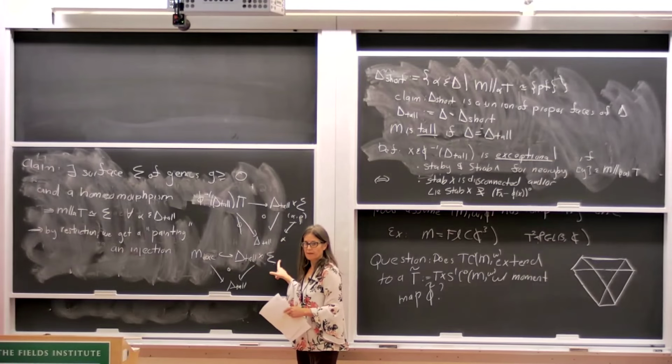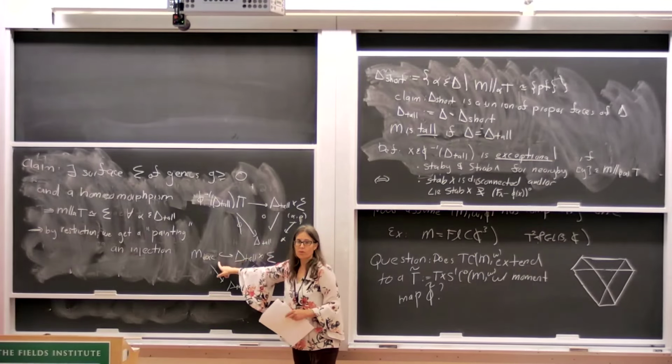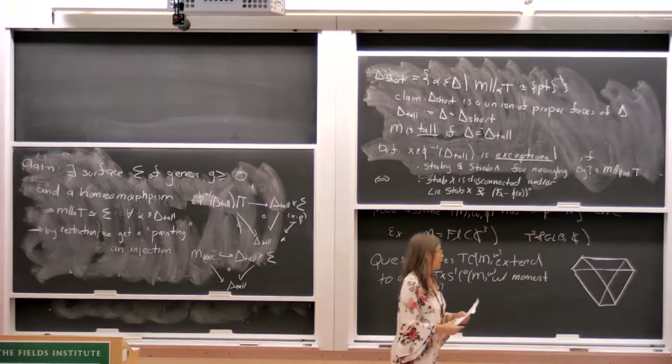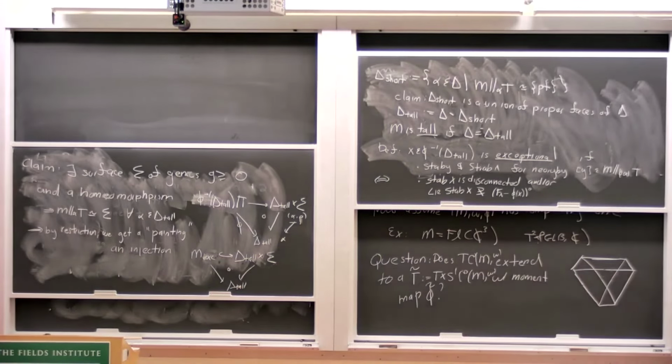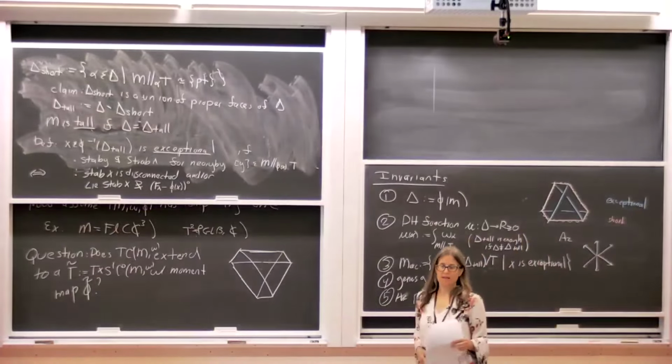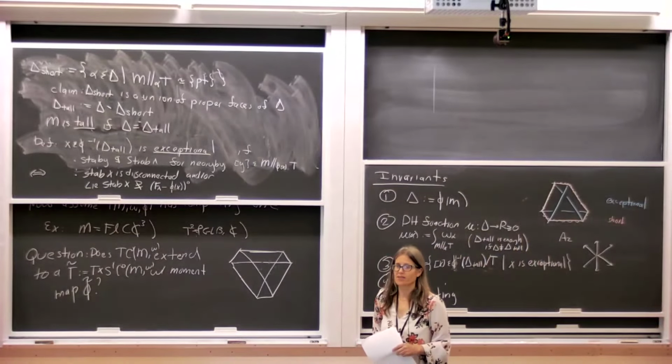And so M itself is 2n dimensional. But I divided by the torus. M reduced is not a subset of M. Oh, I see. Yeah, okay, good. Thank you. That's what makes it sort of possible.